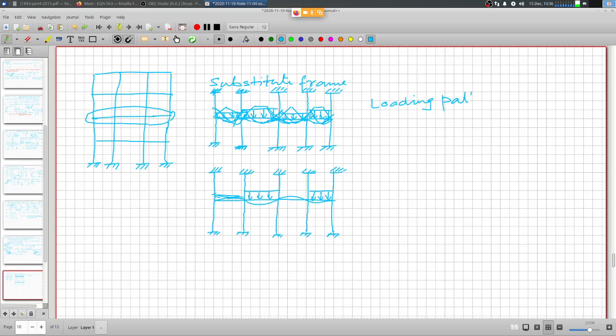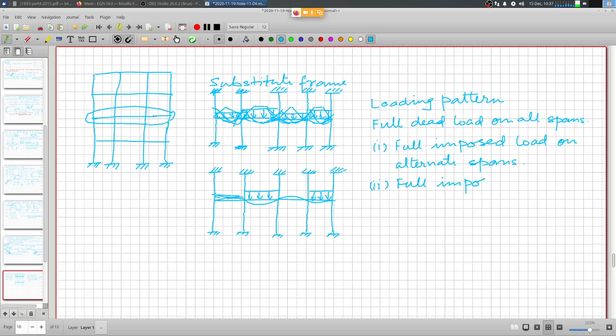Loading pattern, as I said: full dead load on all spans, and full imposed load on alternate spans, and the second one is full imposed load on adjacent spans.